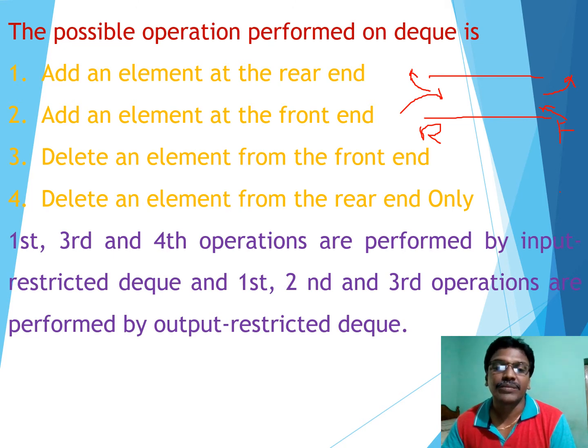That's why the first, second and third operations are used for output restricted, and first, third and fourth operations are performed by input restricted.